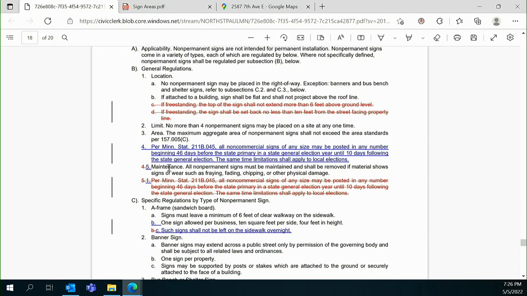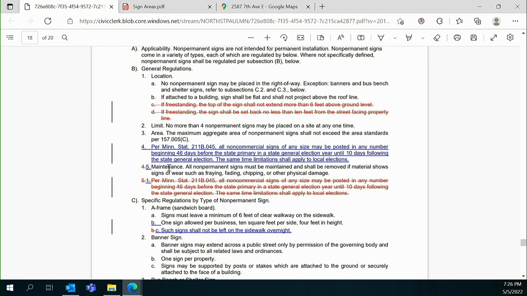It's important to include that "and" number. Any size may be posted in any number. Yeah, that's exactly the language. Oh, it's at the end, okay. I was reading the beginning of it and thought, wait a minute, it's size and number. Okay, never mind. It's there.